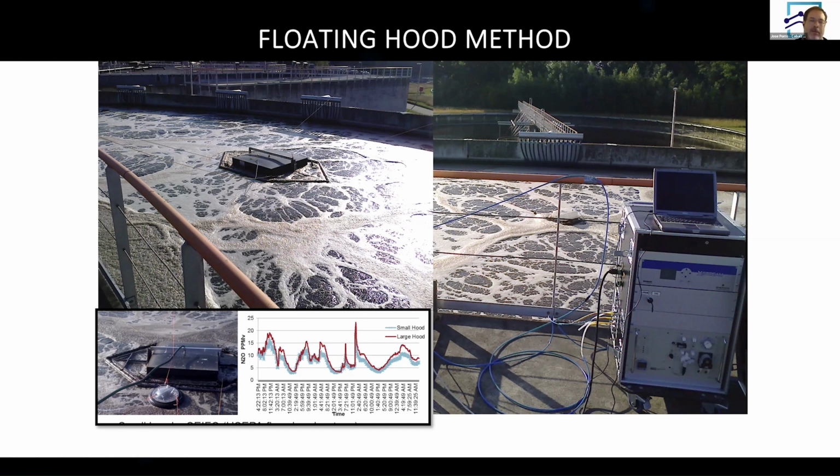Because if you don't have enough slack, the water level will change, but the position of the hood won't. It won't go up or down with the water level. That can mean either A, the water goes below the hood, and then you're just sampling the ambient air, or the hood can stay below the water, and at that point you start to suck in water, which can cause big problems with the analyzer.